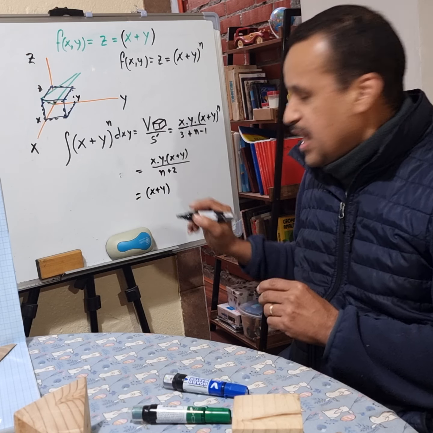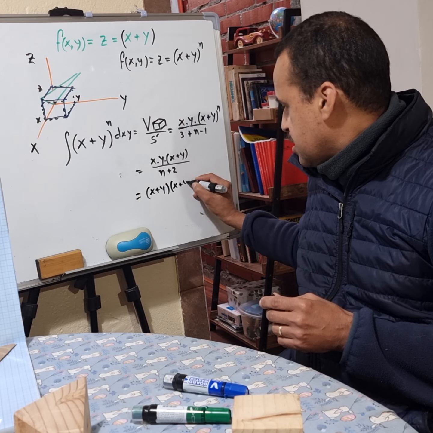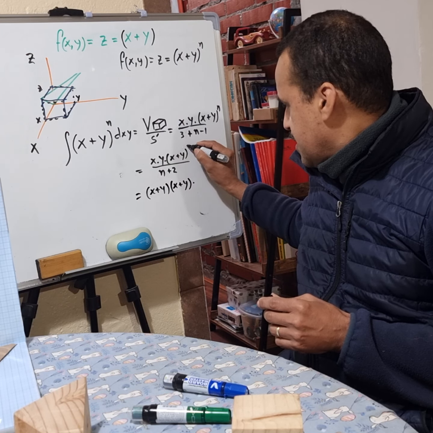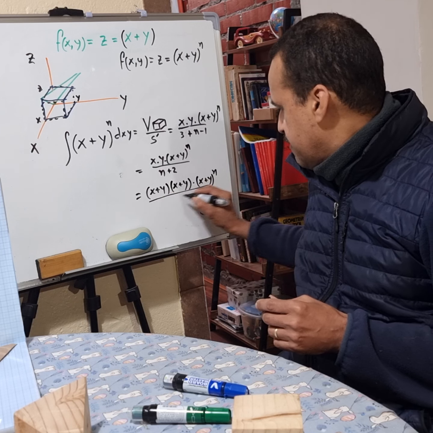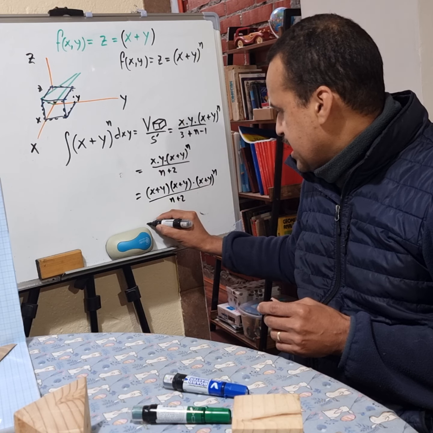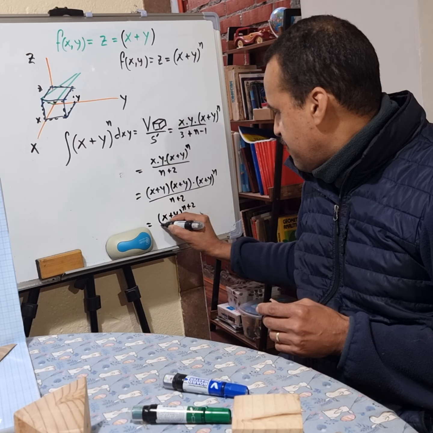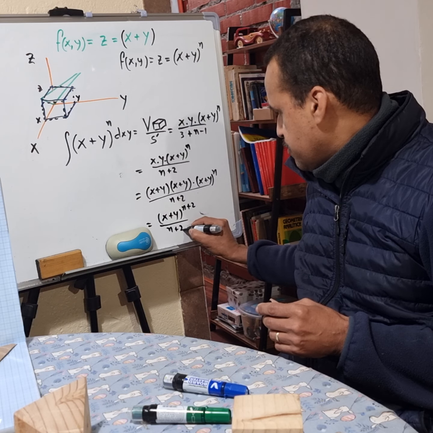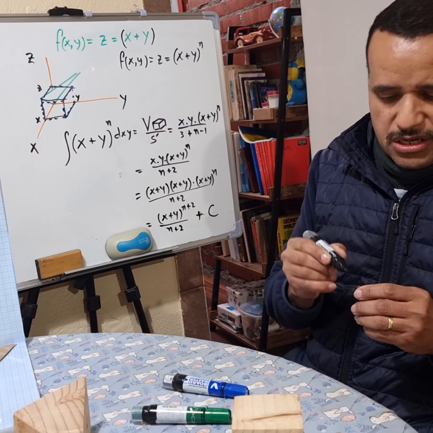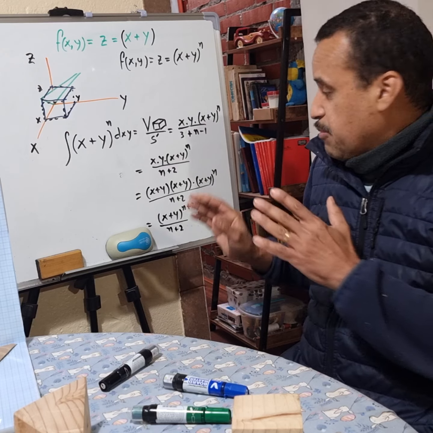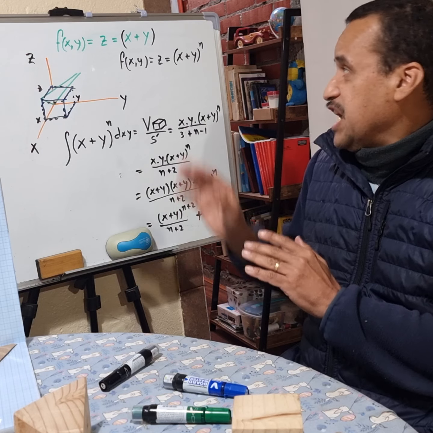We substitute s by s plus y and y by s plus y, 2 times: s plus y to m divided by m plus 2, and we have s plus y to m plus 2 divided by m plus 2, plus some constant of integration.